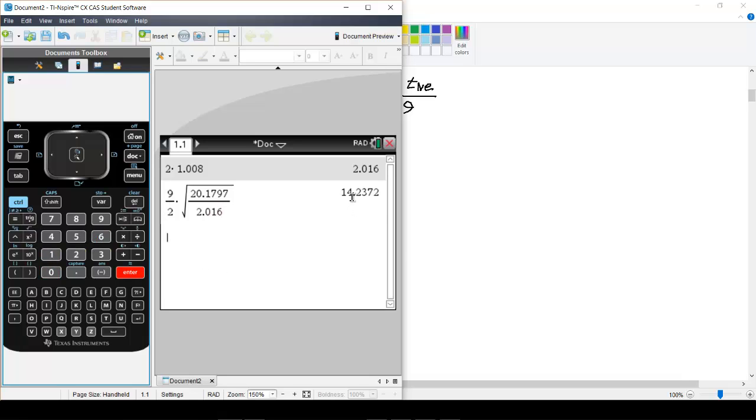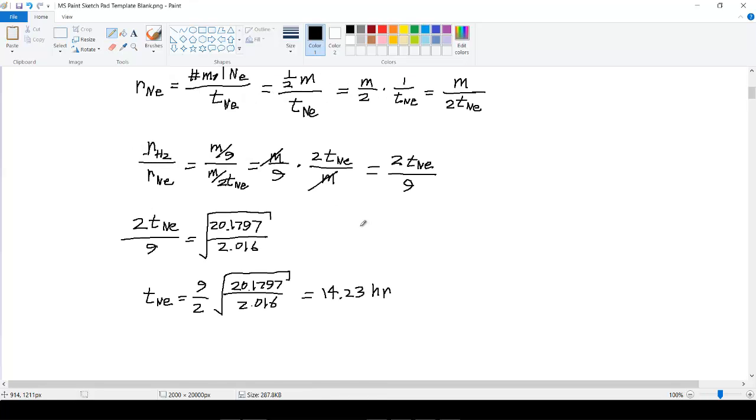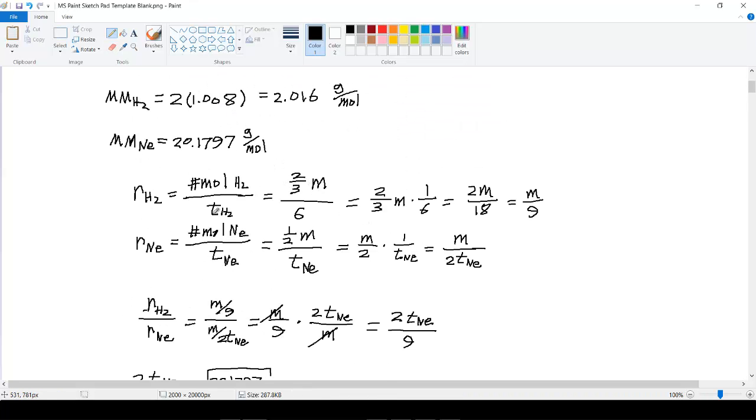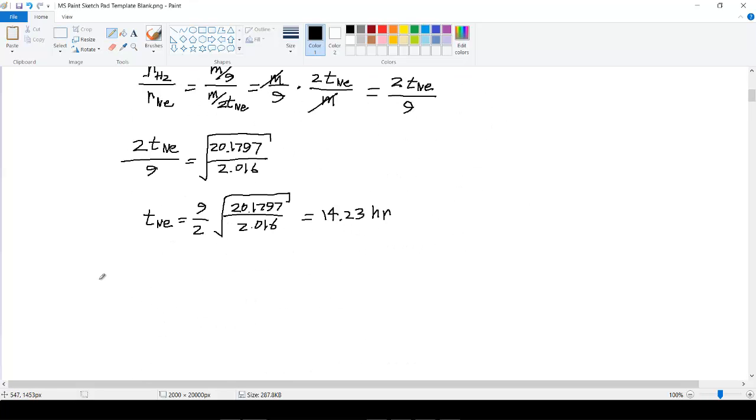The answer is about 14.23. And that will actually be in hours, because the original time we used was 6 hours. So we stuck with the units of hours. Hours will be the unit that comes out.